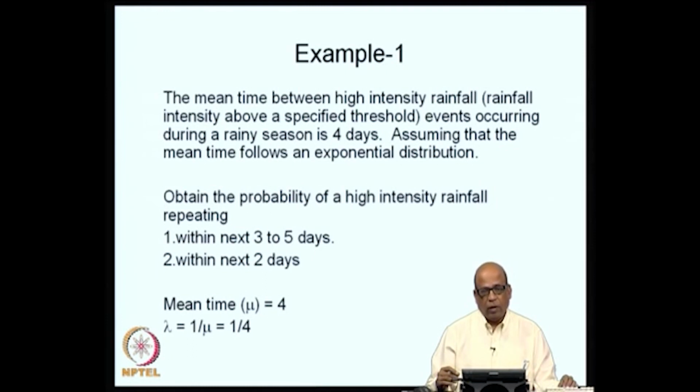These kinds of situations come up when we are talking about urban flooding, for example, where rainfall intensities of a given magnitude, let us say 90 millimeters per day or 100 millimeters per day, etcetera, may become critical.